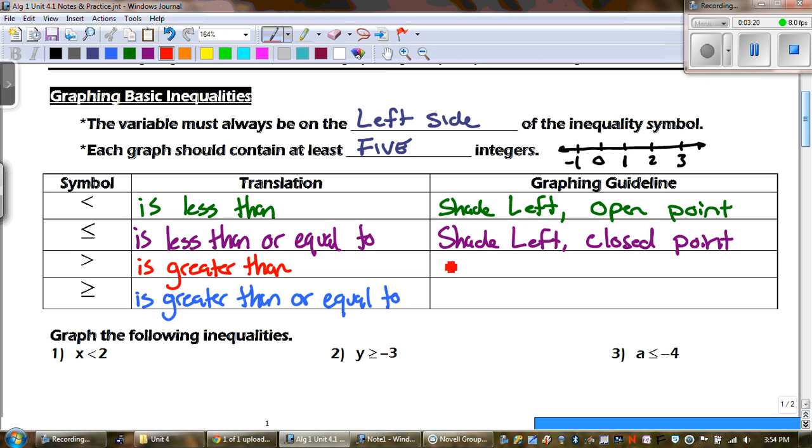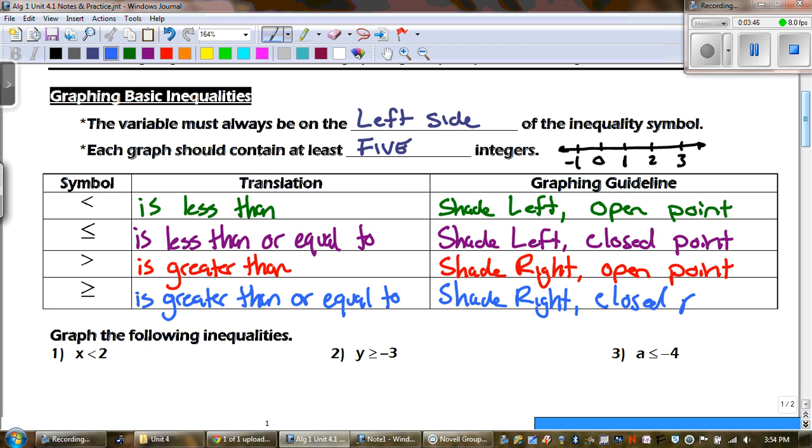If it's greater than, we're going to shade to the right, and it's going to be an open point. Okay, and is greater than or equal to, we're going to shade to the right, but this time it's going to be a closed point.